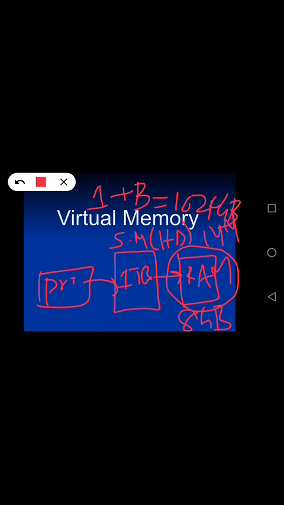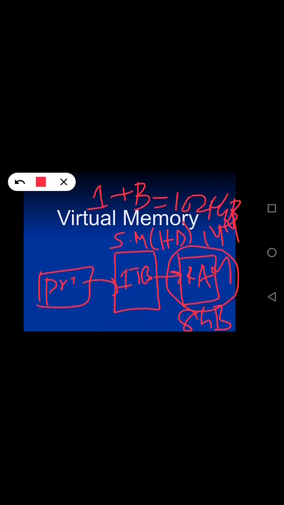In general, when a user develops a program, that program will be stored in secondary memory.